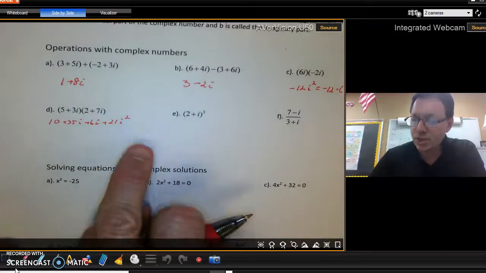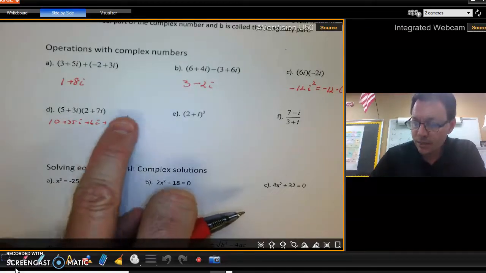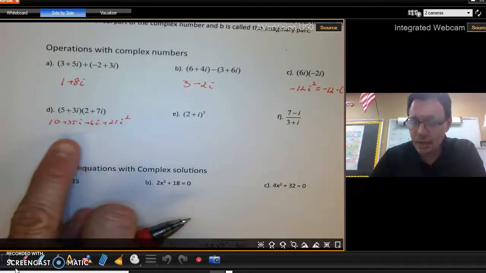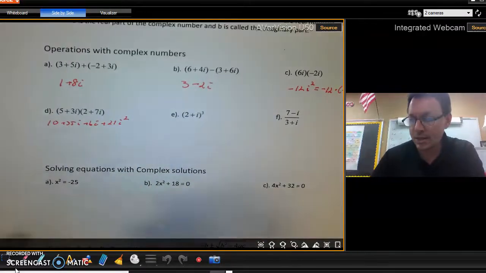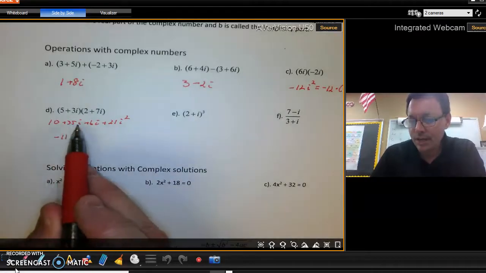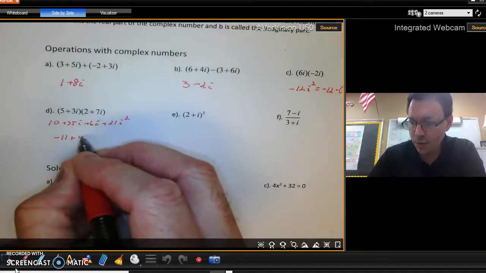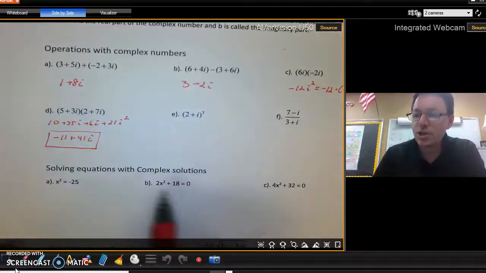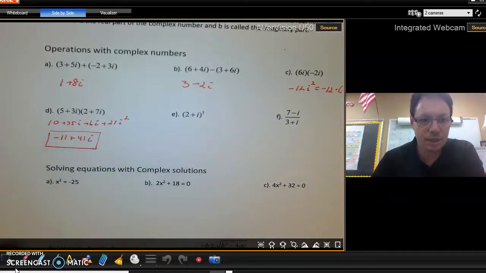But we just said that i squared is equal to negative 1, so think of this as being a negative 21. Now that 10 and that negative 21 can simplify together to be negative 11. The 35i and the 6i can simplify together to be plus 41i, and this is our solution. When you multiply two complex numbers together, you get a complex number as an answer.